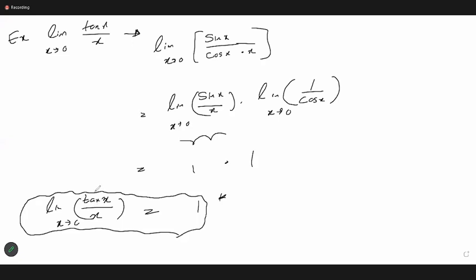So if you see this term at any point, if it is in separated form, you can put the value as 1 for the limit of this function as x approaches 0. Write down this one also.